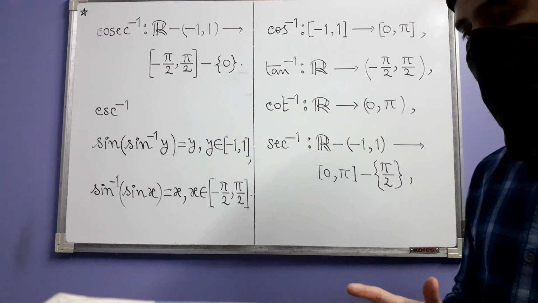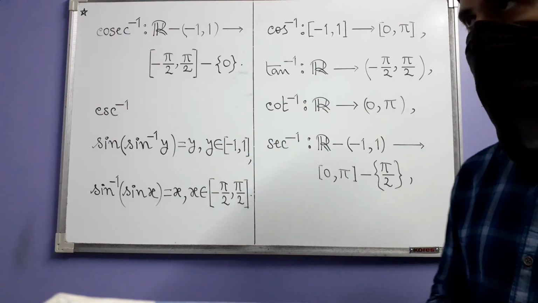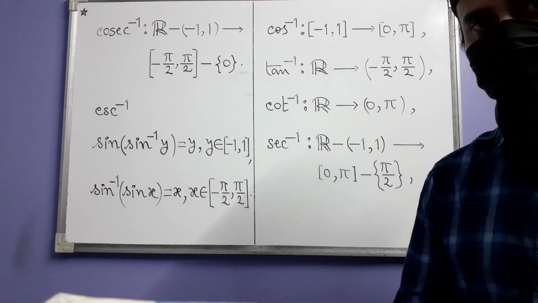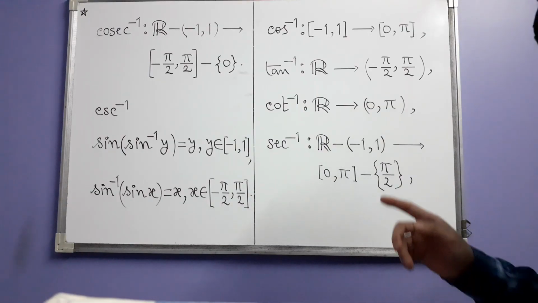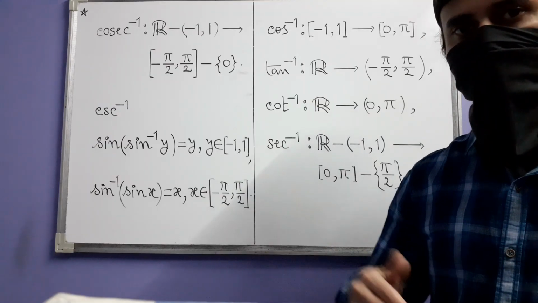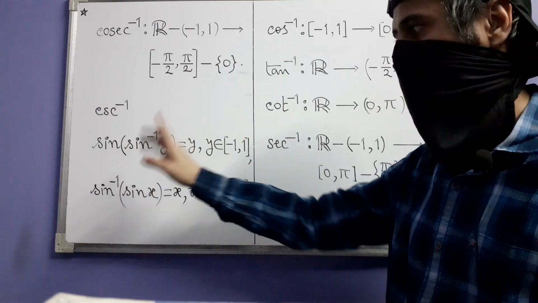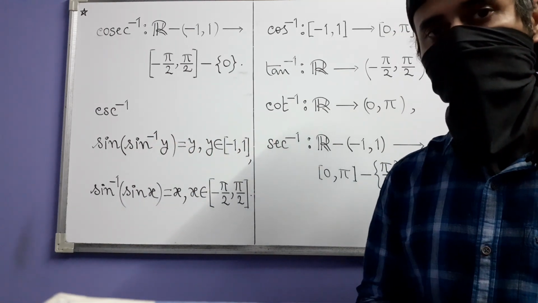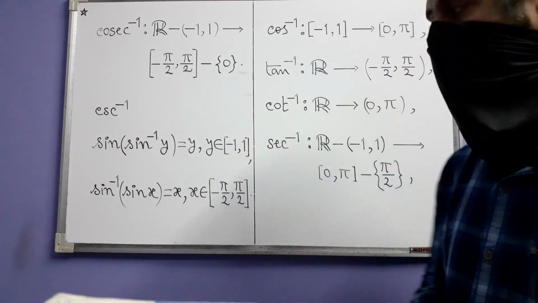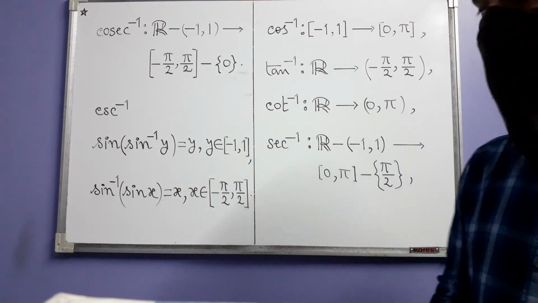Now, just like our ordinary trigonometric functions have properties, inverse trigonometric functions also have properties. But let's look at something which comes simply from the fact that they are inverse functions. Namely, when you compose a function and its inverse, you get identity function. This we already know. So that just means these two equations.